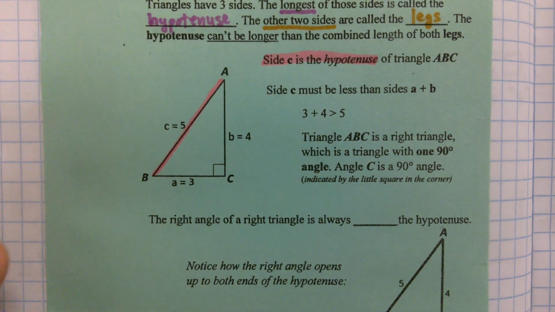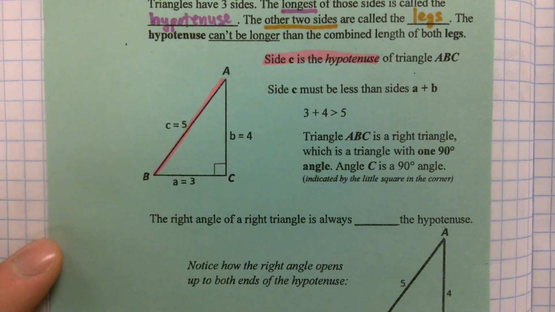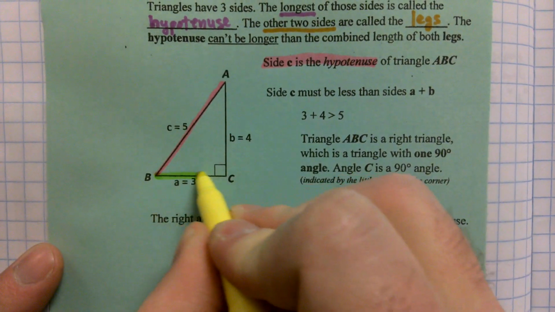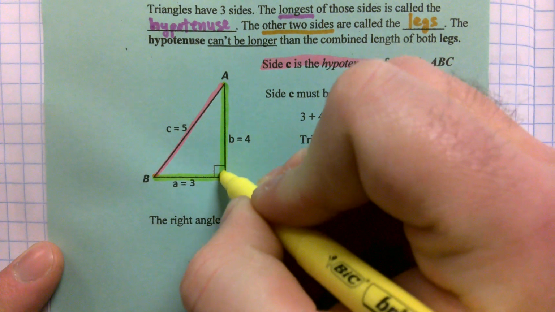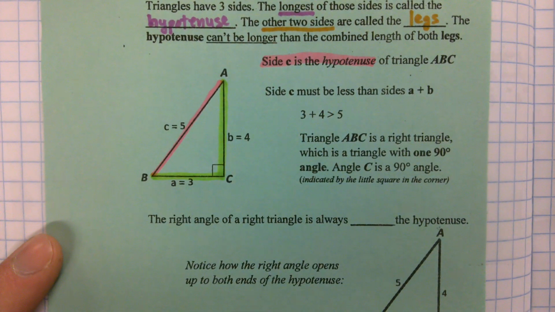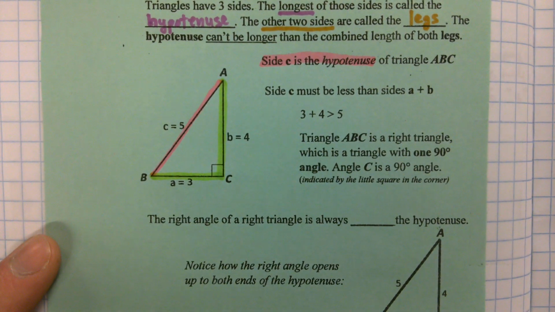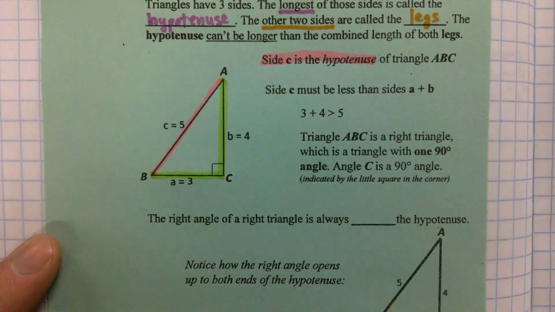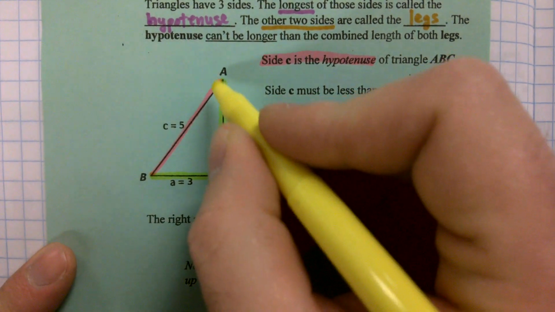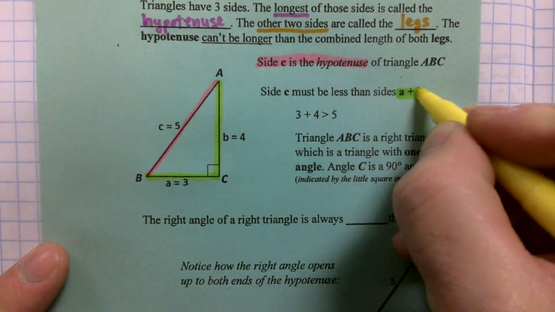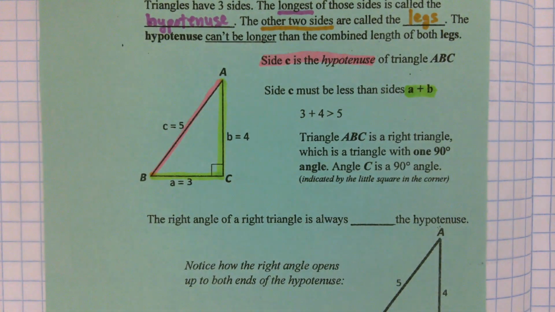So what are my two legs of this triangle? A and B. Sides A and B, those are my legs.